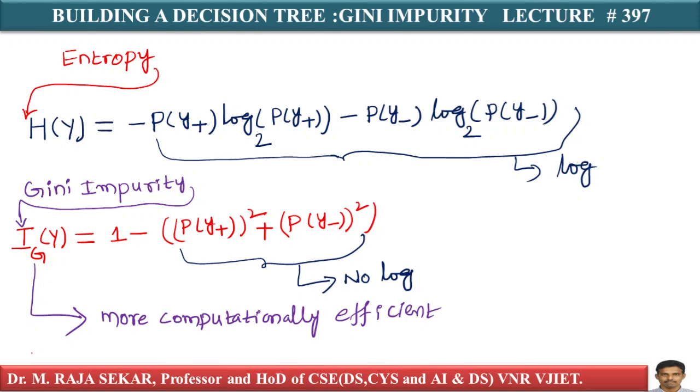If you look at most standard packages like the scikit-learn implementation of decision tree, the default metric that it uses to construct a decision tree is Gini impurity and not entropy. Of course, you can always use entropy. Both of them are very related concepts, but using Gini impurity is computationally efficient and faster.